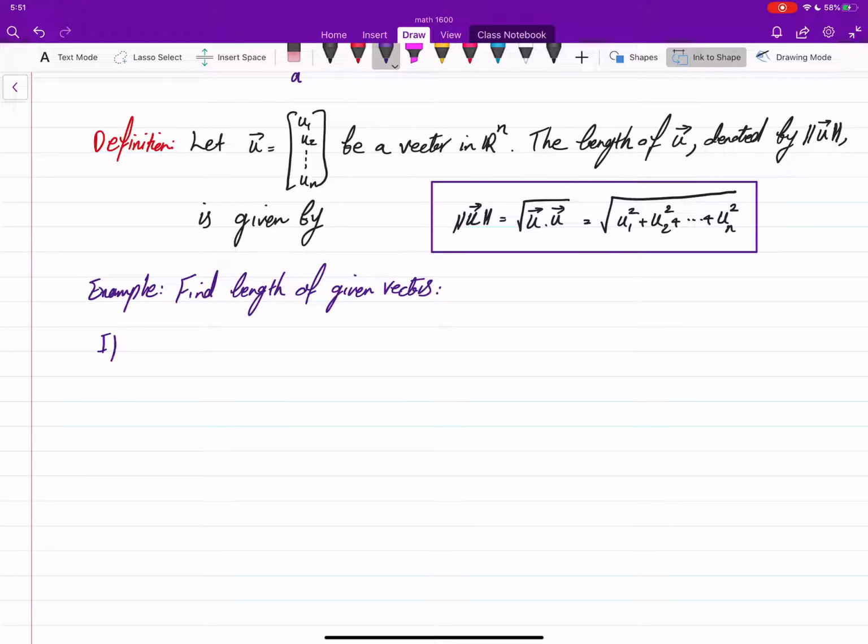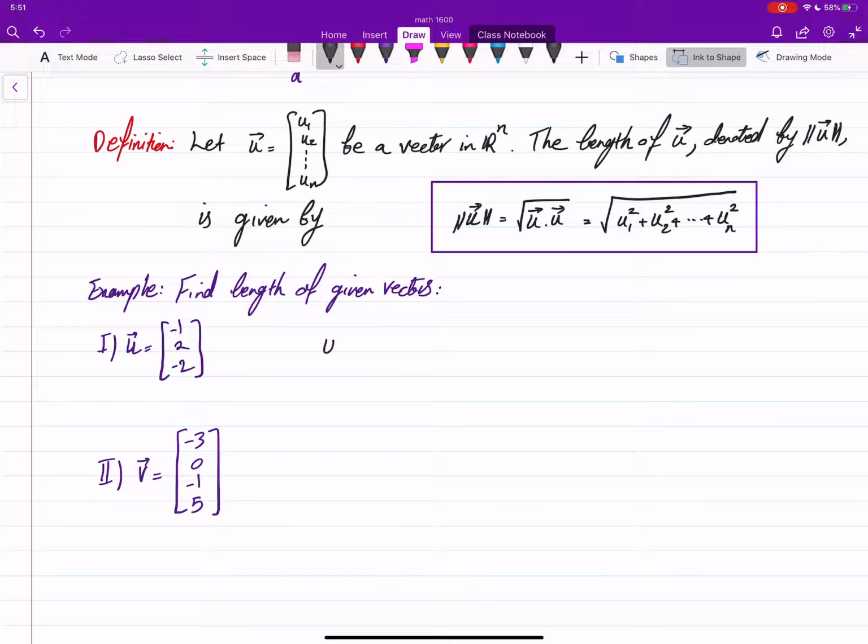The first one is a vector in R2, (-1, -2). And then the second one is a vector in R4, (-3, 0, -1, 5). And we have to find their length.